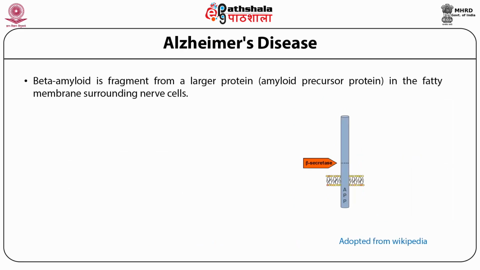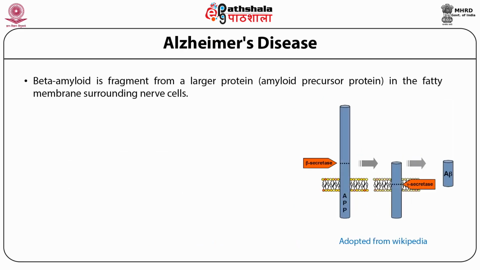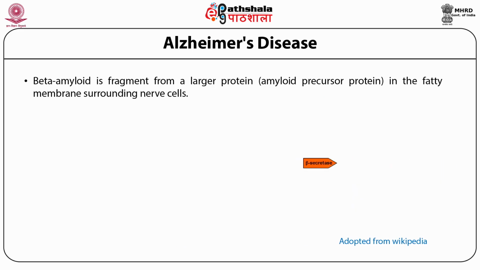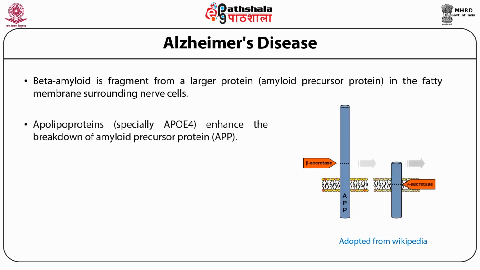Beta amyloid is a fragment from a large protein called amyloid precursor protein in the fatty membrane surrounding the nerve cells. Apolipoproteins, especially APOE4, enhance the breakdown of amyloid precursor protein.